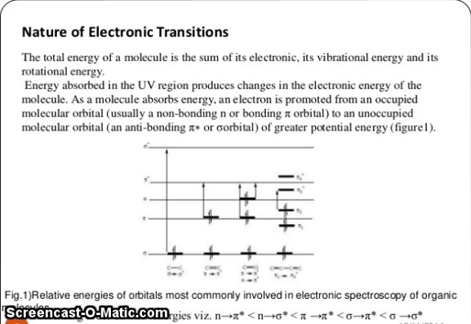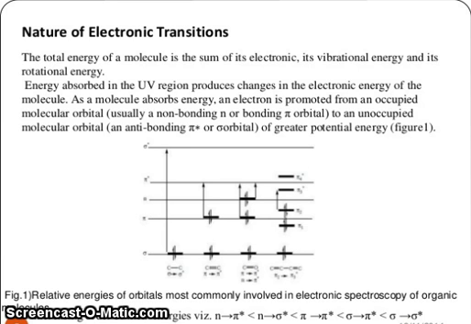So, nature of electronic transitions: the total energy of a molecule is the sum of its electronic, its vibrational and its rotational energy. Energy absorbed in the UV region produces changes in the electronic energy of the molecule. As the molecule absorbs energy, an electron is promoted from an occupied molecular orbital to an unoccupied molecular orbital of greater potential energy.